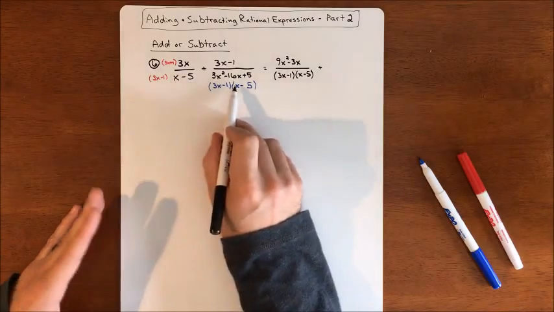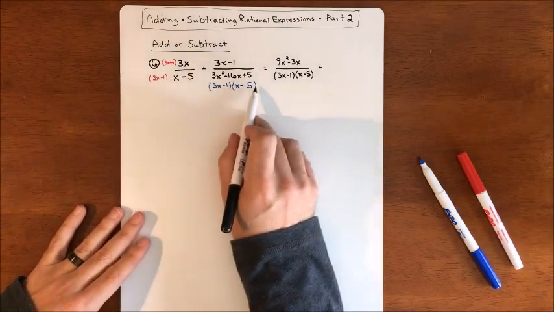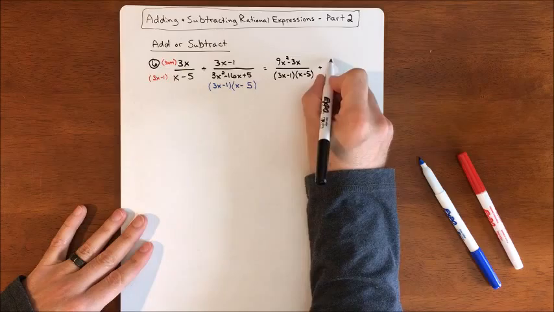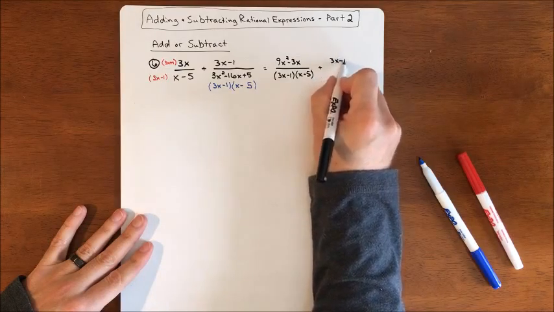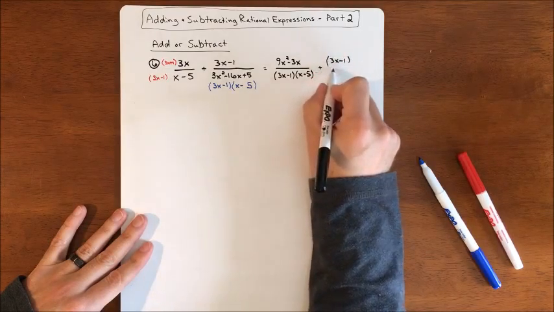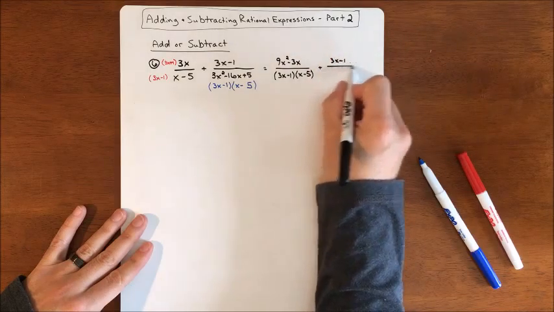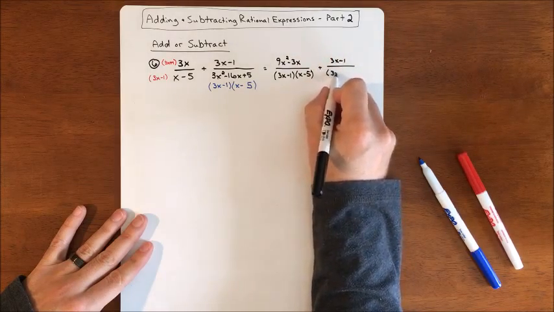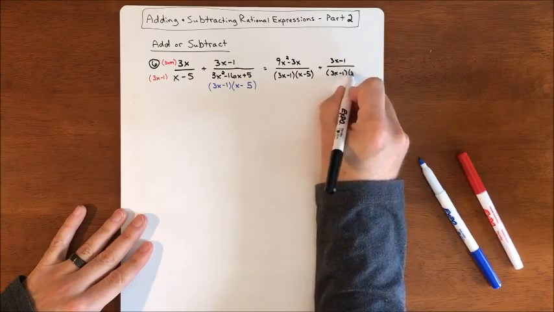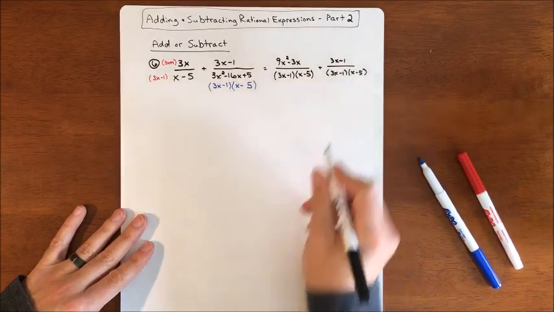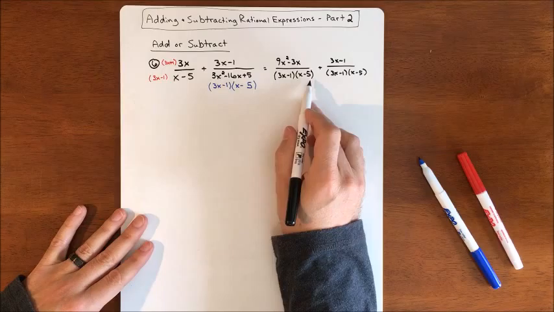It already had one of the pieces, but it doesn't miss the other one, so we just have a 3x minus 1 over the 3x minus 1 and x minus 5. All right, so we have our common denominators.